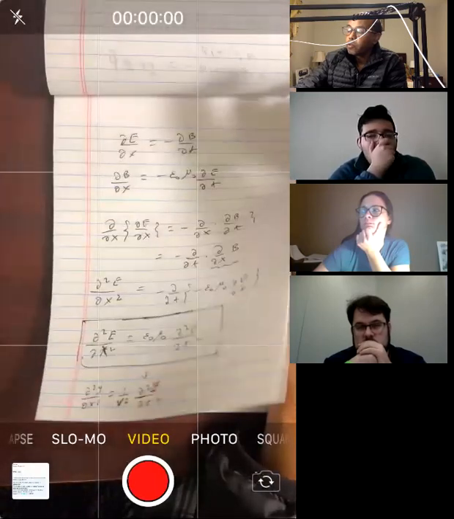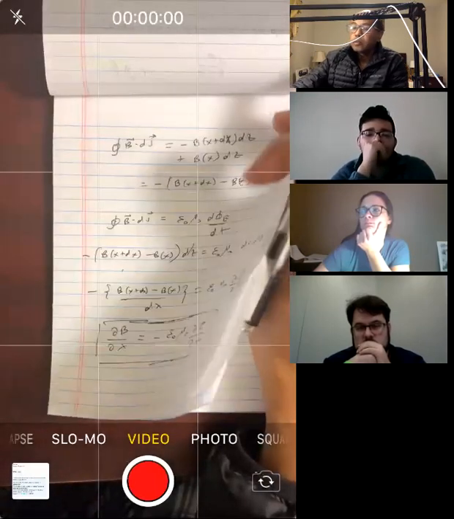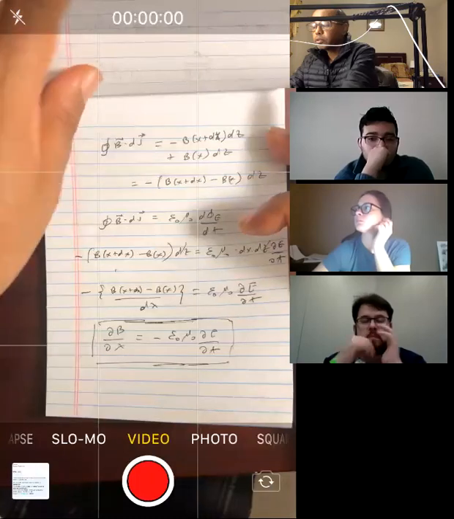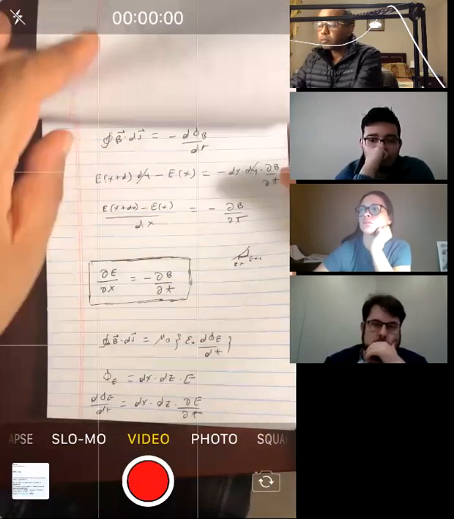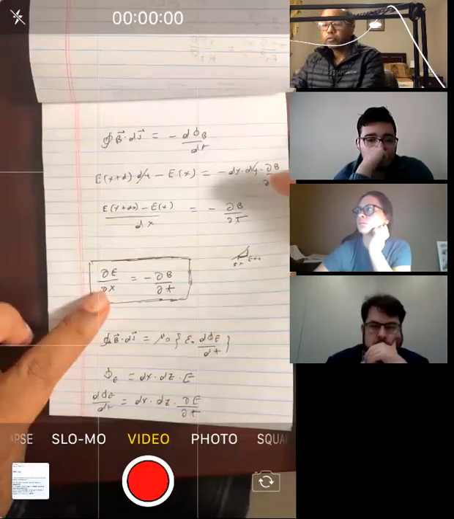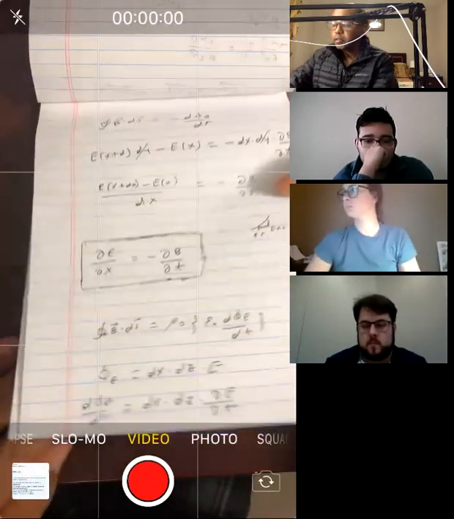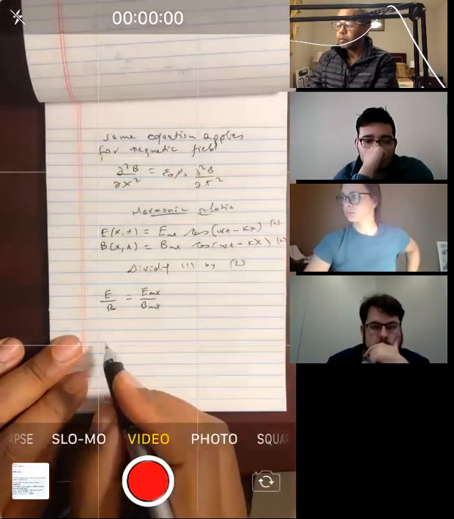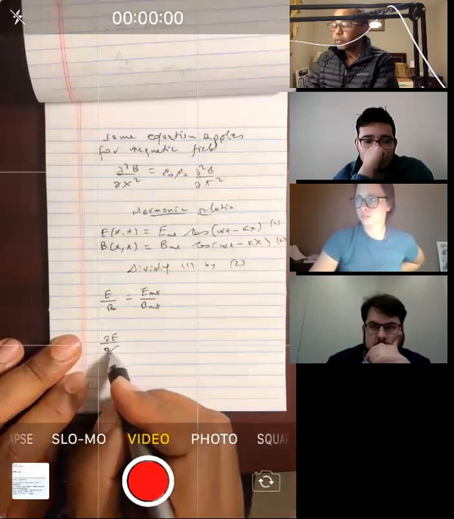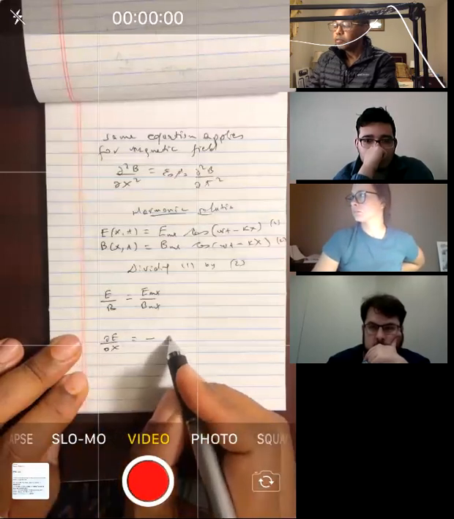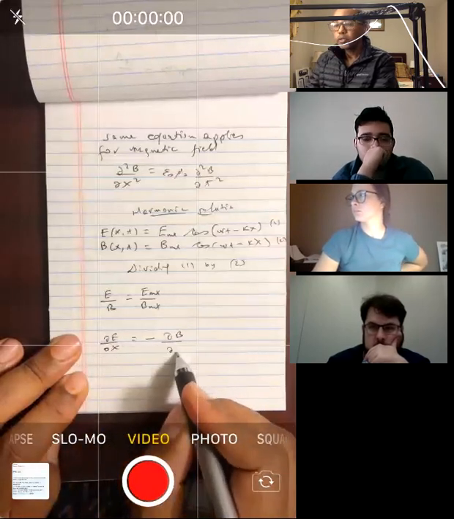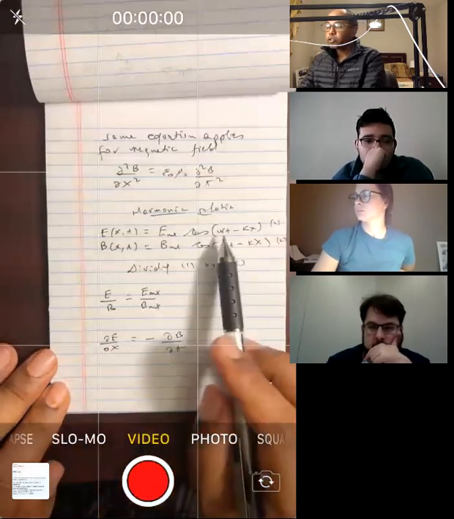Now we're going to use one of these equations. If you remember, the first one was the partial derivative of E with respect to x equals negative the partial derivative of B with respect to time. Then we're going to put the solutions over here.